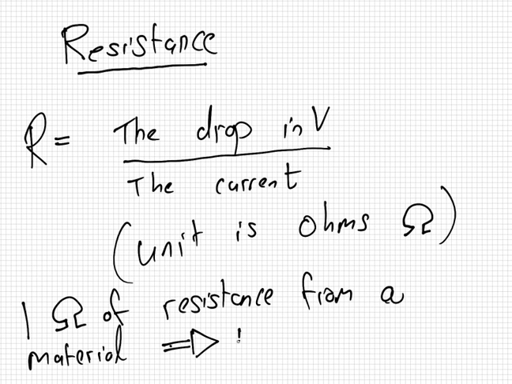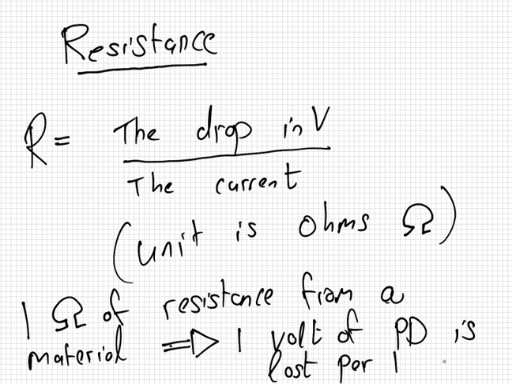That means 1 volt of PD is lost per 1 amp. So you put 1 amp in and you drop 1 volt.